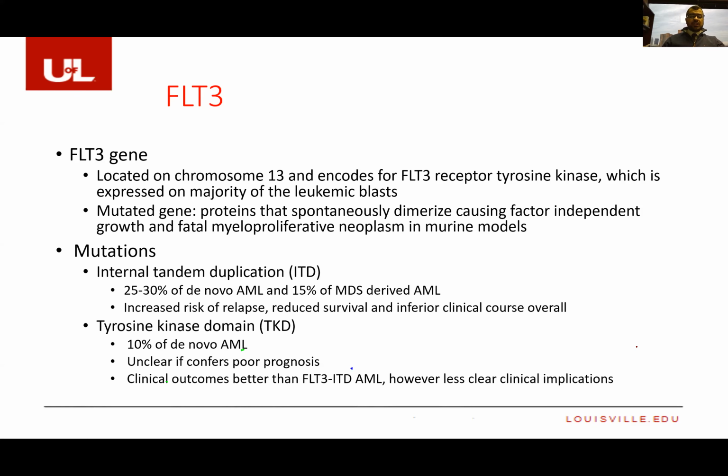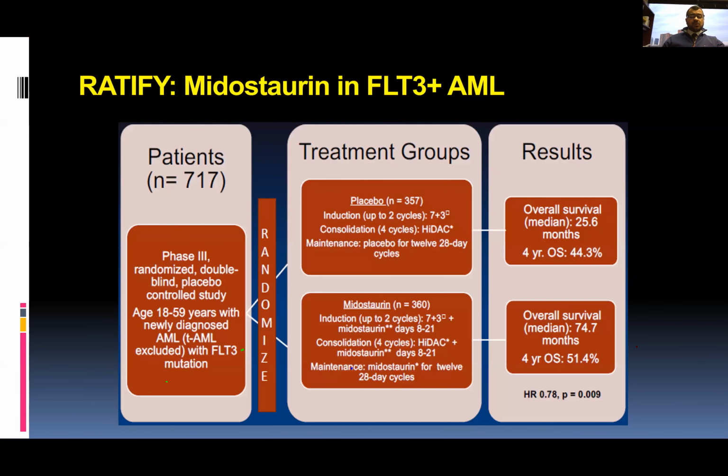And that's when we look at the clinical trials, and the clinical trials tell us what to do. And here is RATIFY. RATIFY was a phase 3 randomized, double-blind, placebo-controlled trial, which used people older than 18 and younger than 60 who were diagnosed with an AML with FLT3 mutation.